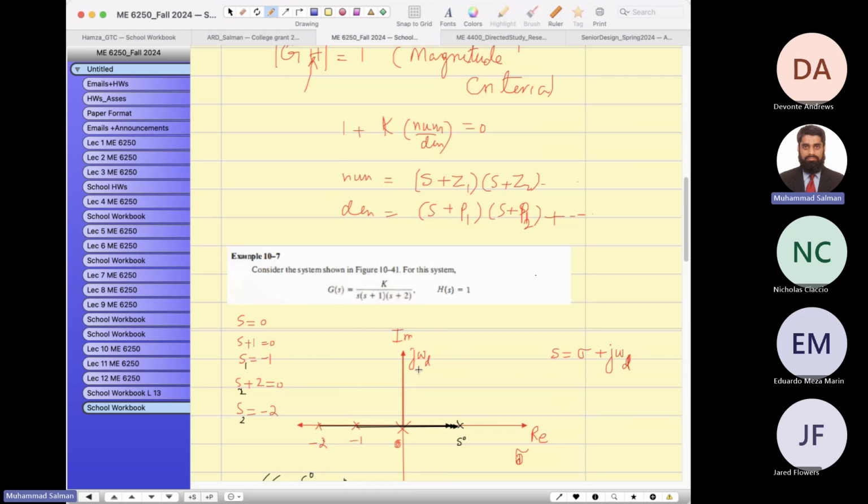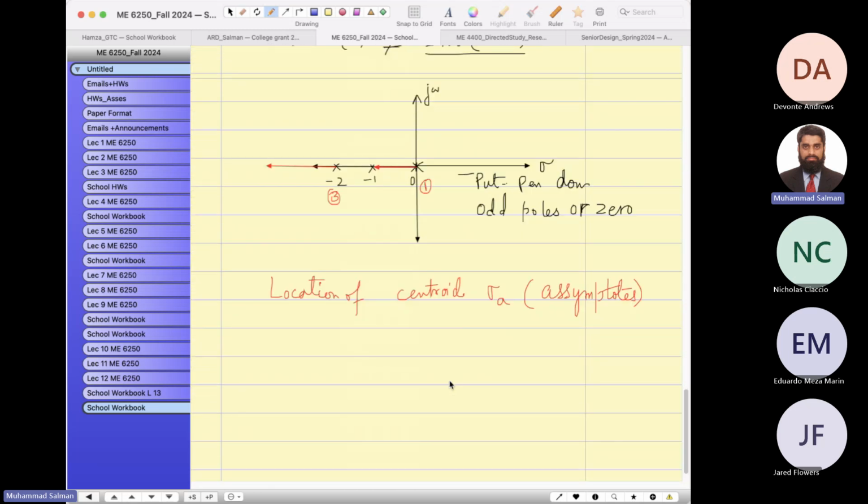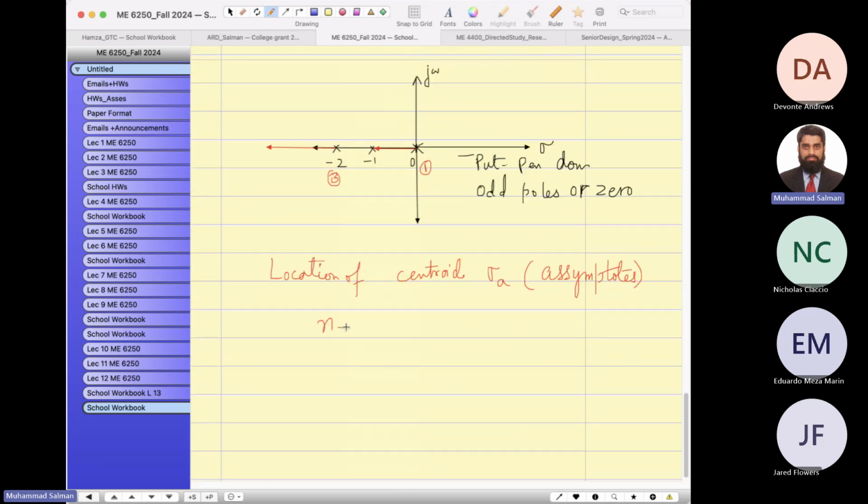There is no root of s. When there is no root of s, it means all these three poles will go to three asymptotes which lead to infinity. So we need three asymptotes, because n minus m, where n equals the number of poles and m equals the number of zeros.